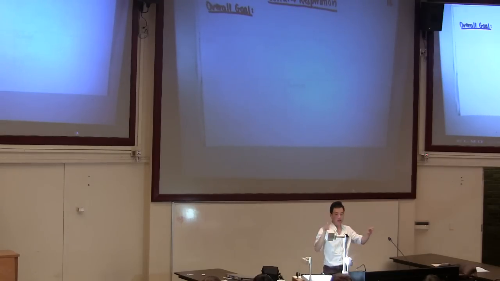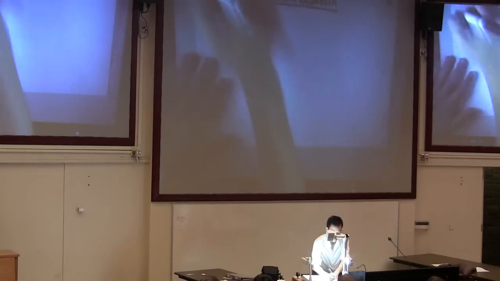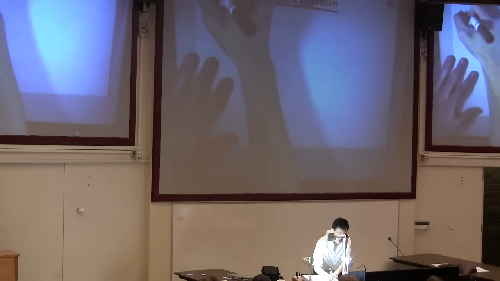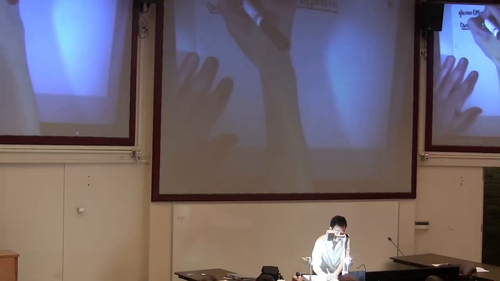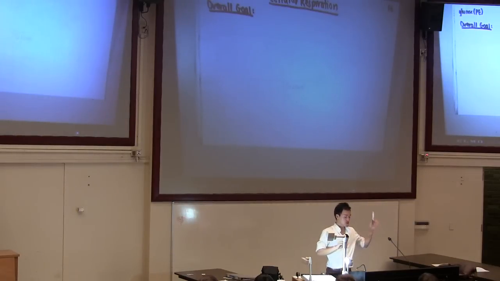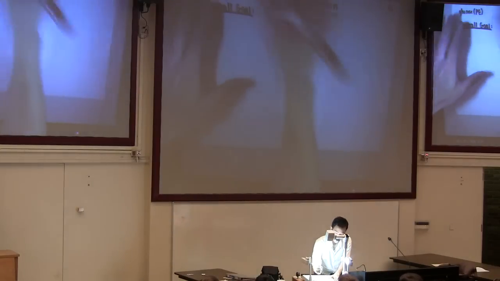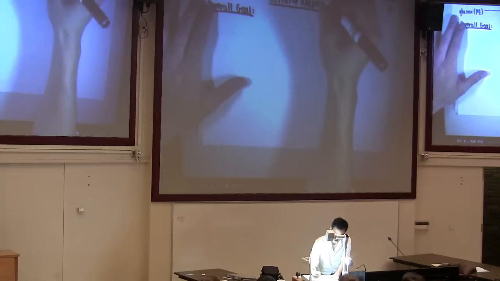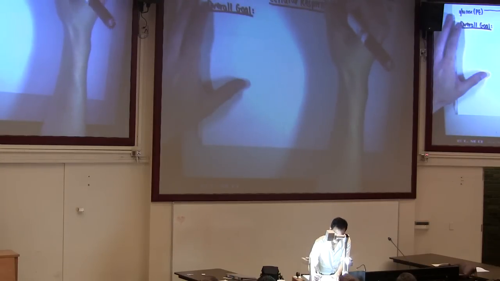Okay, so before we do that, what did photosynthesis produce? Glucose, right? Glucose contains what? Potential energy. Is glucose a long-term or a short-term energy storage? Long-term, right? So we're going to try to break down the glucose to ATP.